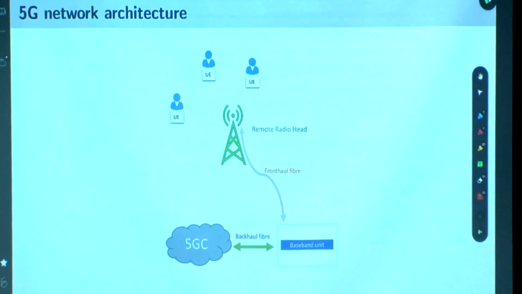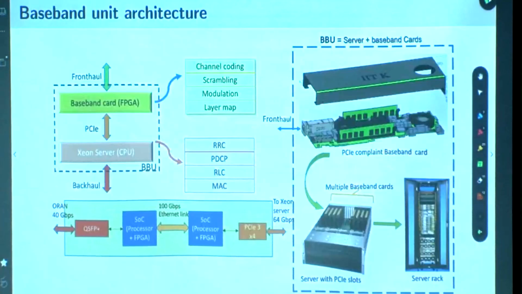If you don't use this baseband card and instead use this server for physical layer processing, you are going to run into problems. You are not going to meet the strict timings which the physical layer has. So you need to design a system like this.